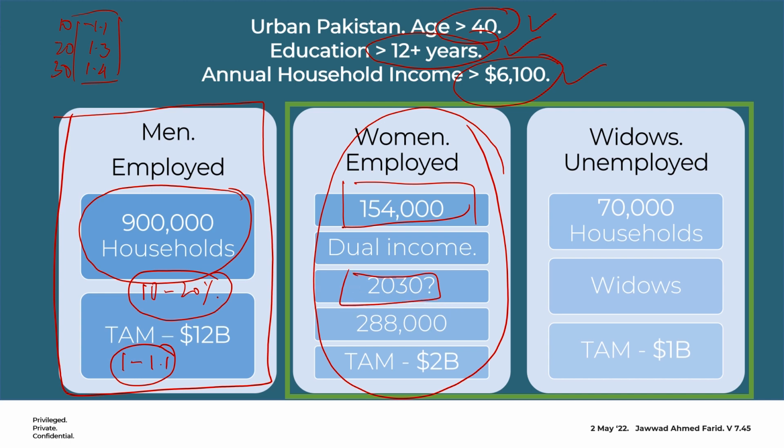They're not growing at 10, 15, 20%. They're doubling up. Right now they're about 154K. 10 years down the road, they'll be about 300K. 20 years down the road, about 500 to 600K. And then another 10 years down the road, close to about 1.2 million households.